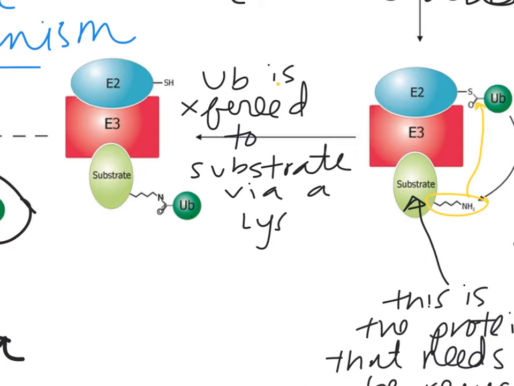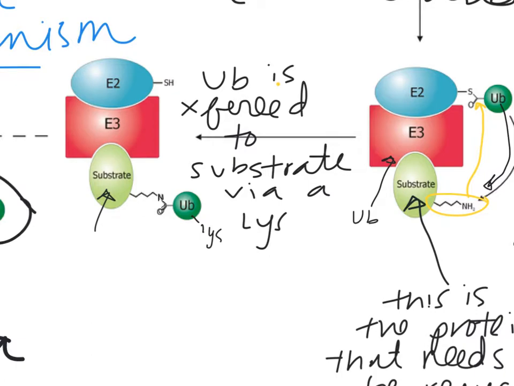It's just that there are also lysine residues coming off of the ubiquitin. So in the second round, the E3 would be attached, and the ubiquitin would still move from here down to the substrate, but it would already have the ubiquitin on it, but it's still going to a lysine.